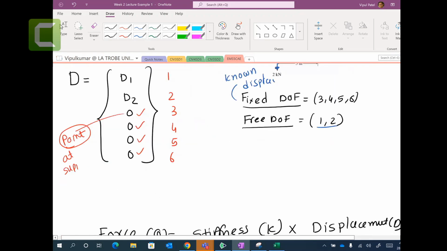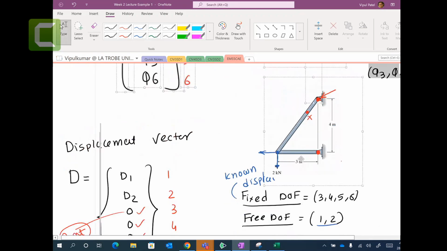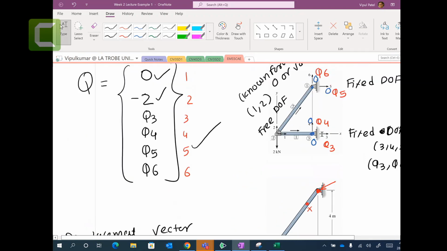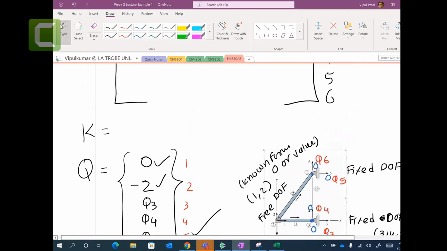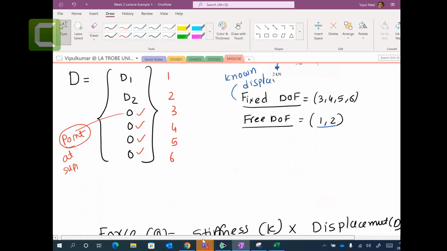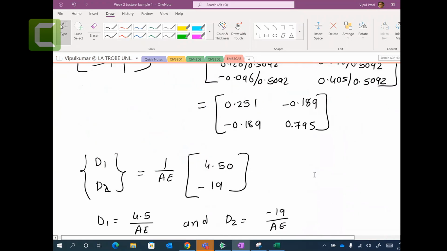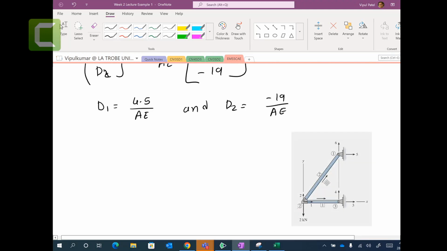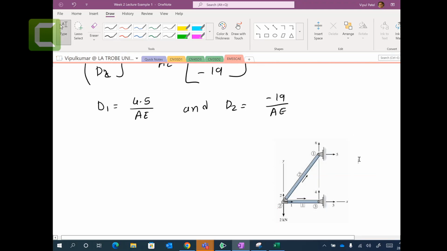So if you look at these figures here, D1 is displacement in this direction, positive, and D2 is going this way, but this is negative, meaning that your displacement is actually here.